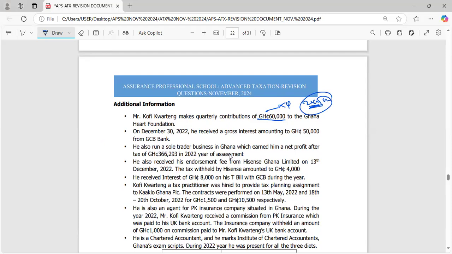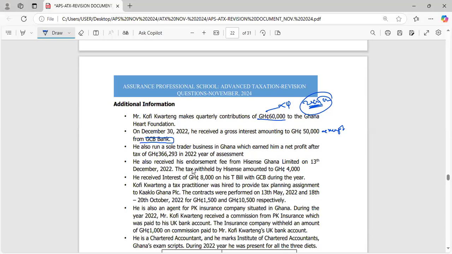On December 30th, 2022, he received a gross interest amounting to 50,000 from his GCB bank account. This will be exempt from tax. Your bank account as an individual, when you receive any interest, they don't tax you. It's exempt from tax.